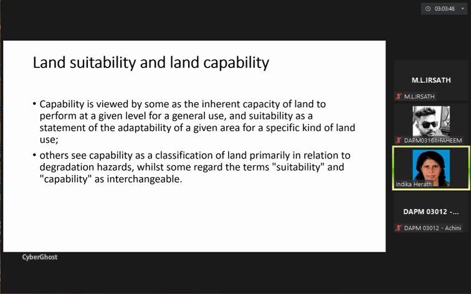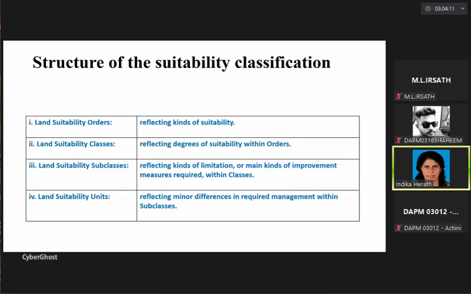So suitability is generally for a specific purpose, right? For example, the land is capable for agriculture and suitable for coconut, right? So that means capability is the overall concept. So it is more narrowed down into suitability when you consider a specific purpose, right?